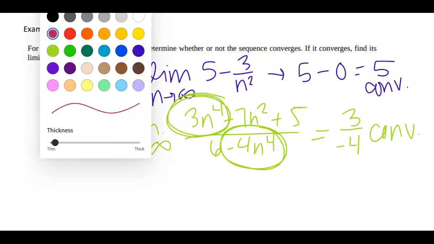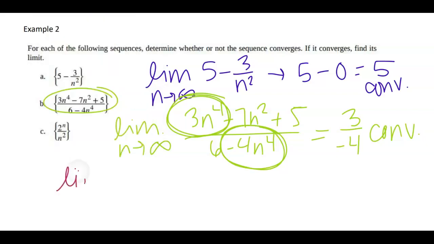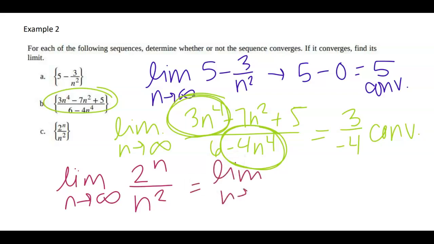All right, let's look at one more here. Let's take the limit as n goes to infinity of 2 to the n over n squared. Now this is one that you could use L'Hopital's rule on. Again, you're going infinity over infinity. What we end up doing, the derivative of the top here is 2 to the n times the natural log of 2.